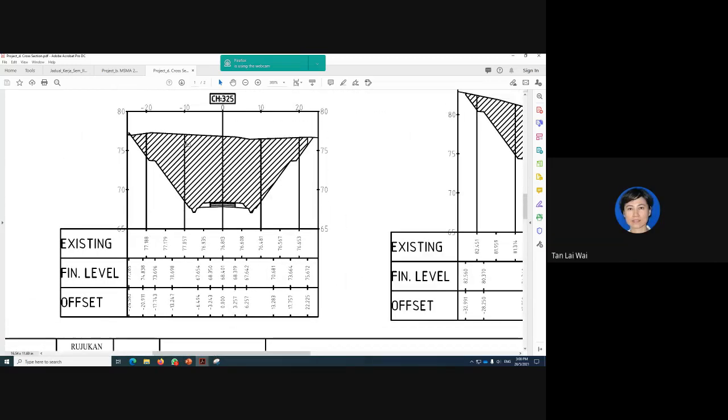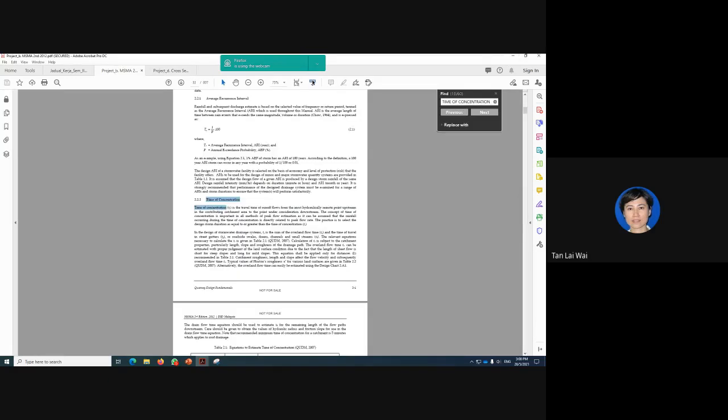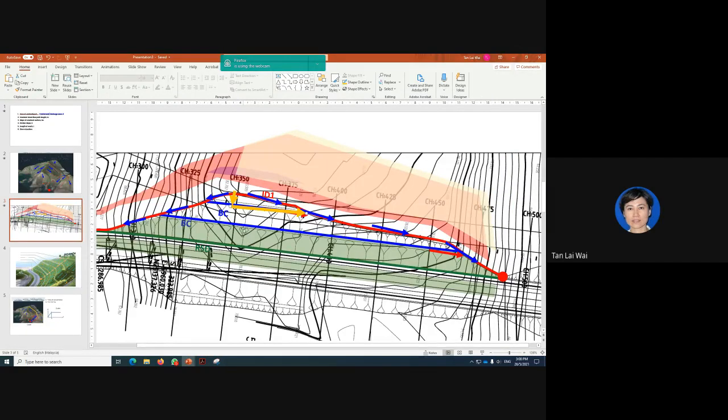Now, this is on the left. This is our road. If you look from the top view, of course, you are seeing this top view, right? So this is the left, right? So let's look at chainage 325.